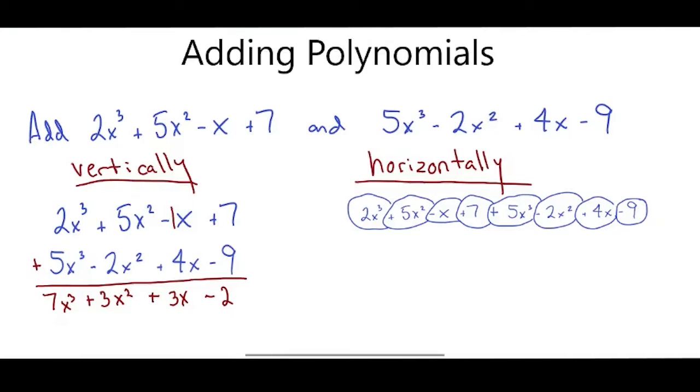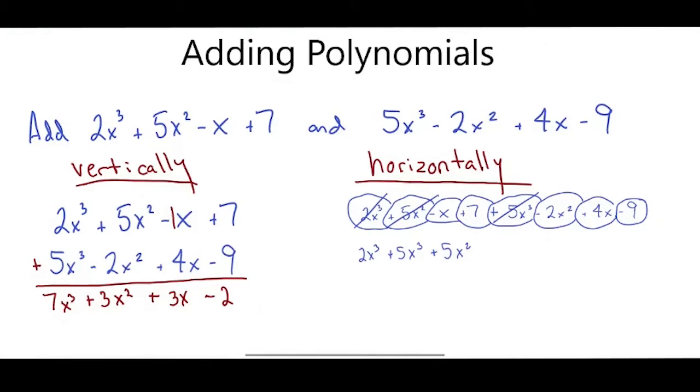So now I'm going to put these in order, okay? Starting with the 2x to the third, so I'll rewrite 2x to the third. And then I'm going to look for another term with a third power. So here I have 5x to the third, and it's plus 5x to the third. So I'll do plus 5x to the third. No more terms with the third power. So I'll do plus 5x squared.